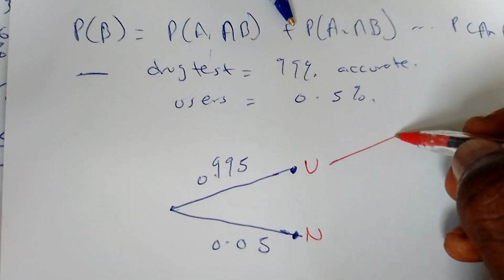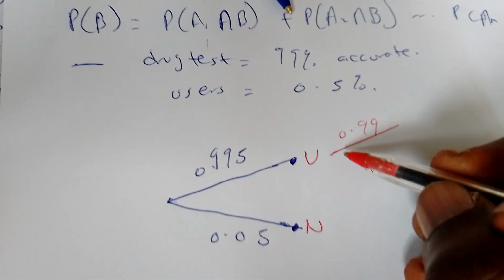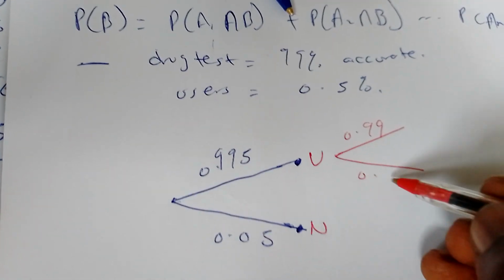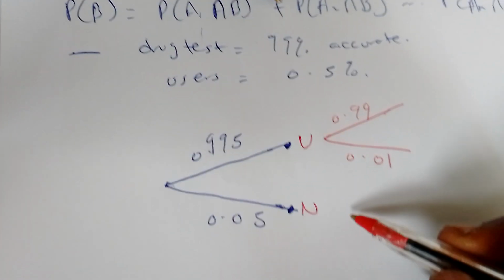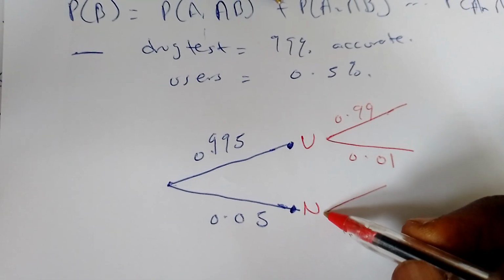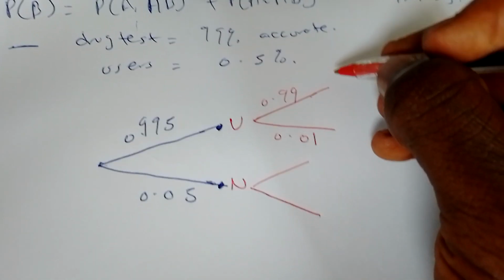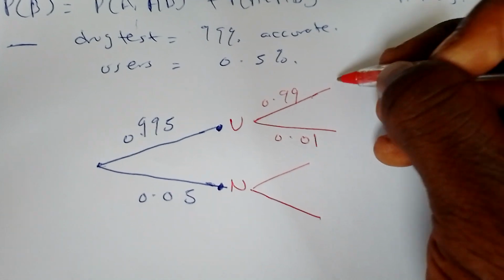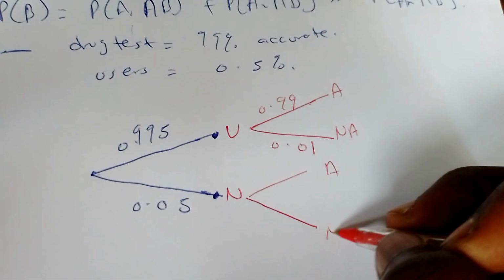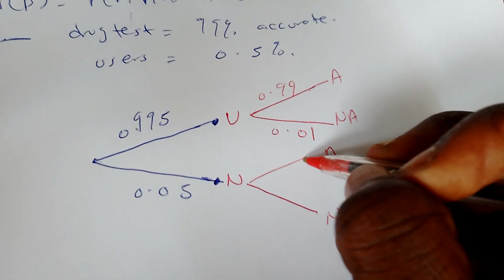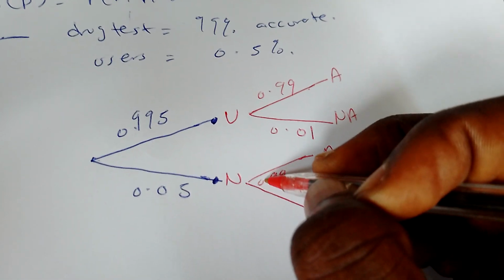Now, if you're a user, it identifies you 99% of the time. And if you're not using, it says okay, this boy is not using. And if you're a non-user, accurate, not accurate. If you are not using, it says okay, this boy is not using, so that's 0.99.